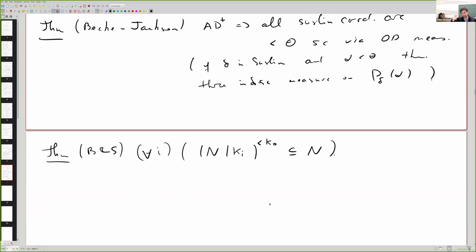Kappa 0 was the theta. So for example, it's closed under omega 2 sequences.